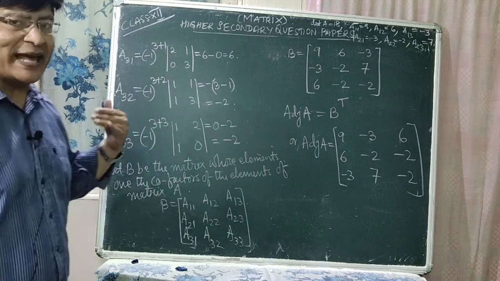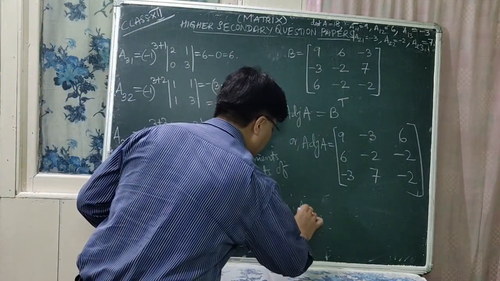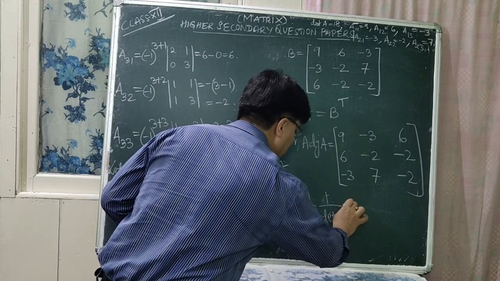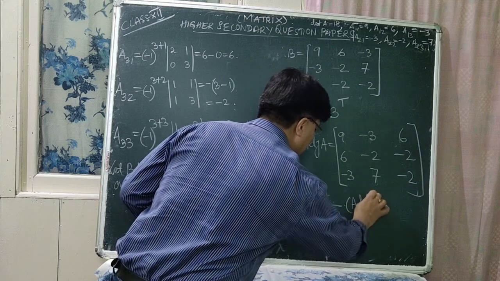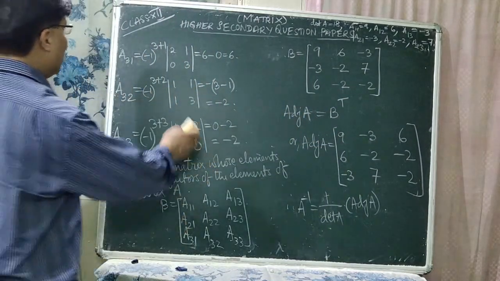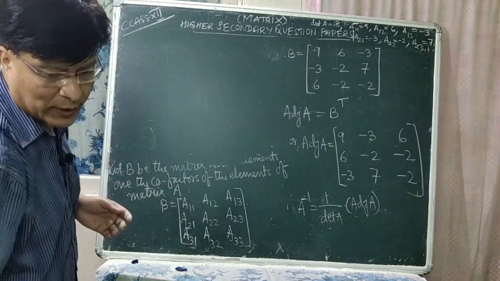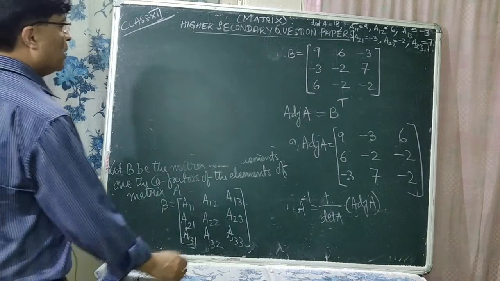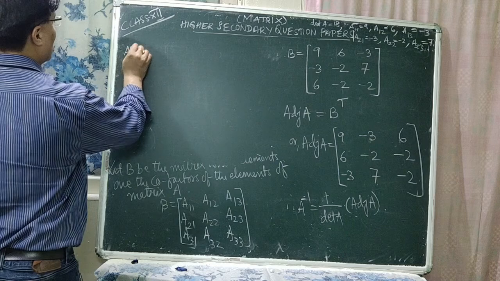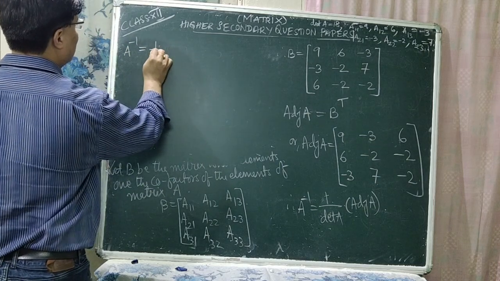So now what is to be calculated? You have to find out A inverse. You know the formula for A inverse, isn't it? A inverse is equal to 1 upon det A into ADJ A, that is the matrix adjoint of A. So let us write down A inverse now. A inverse is equal to, what is 1 upon det A? 1 upon 18.